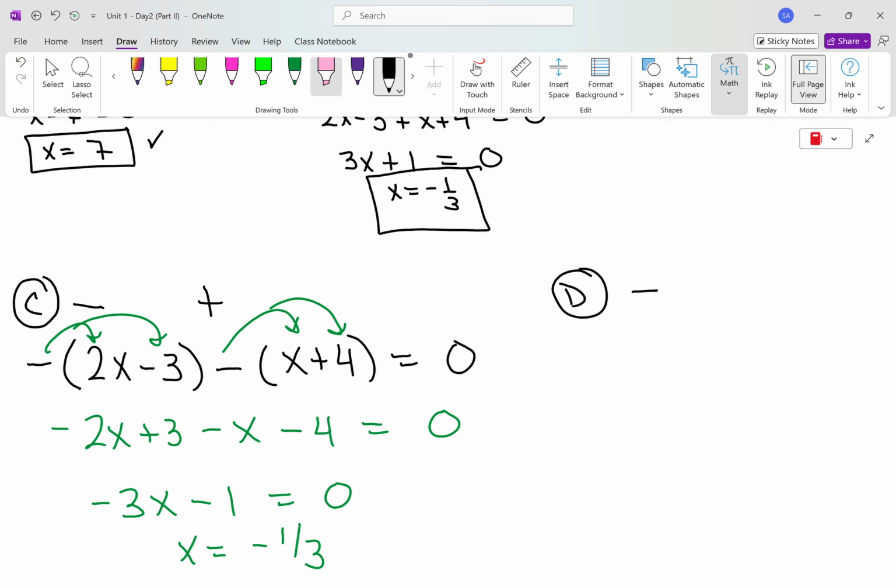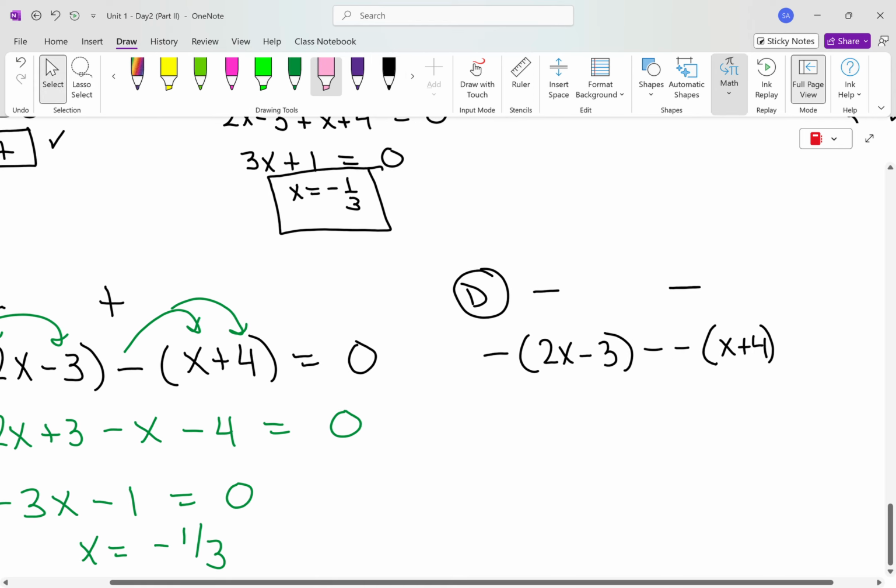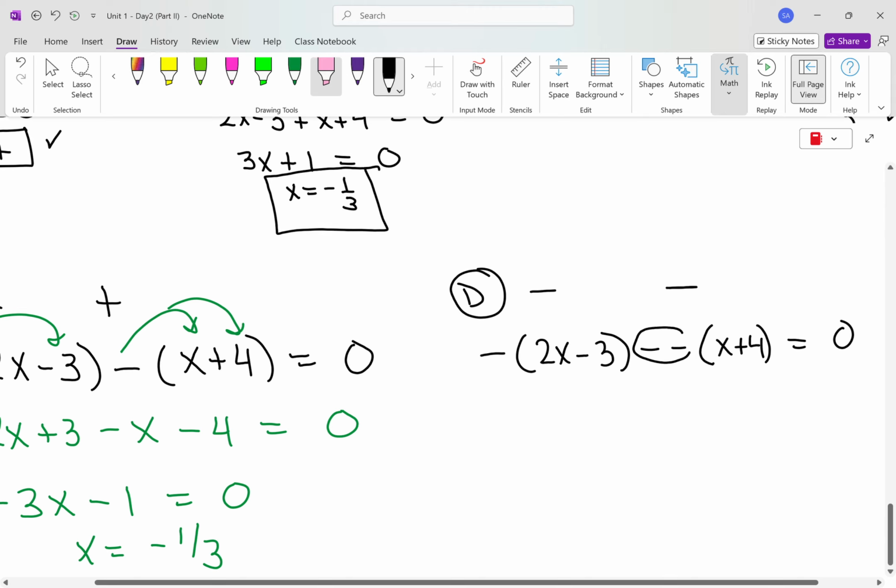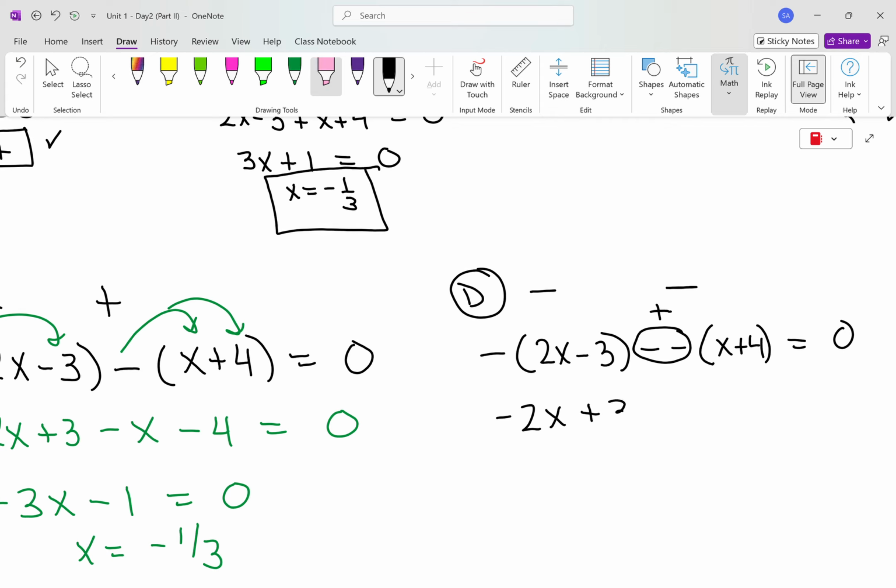No. And then the last one will be 2 negatives. Negative, negative. So the negation of 2x minus 3 minus the negation of x plus 4 equals 0. That double negative makes a positive. So we get negative 2x plus 3 plus x plus 4.